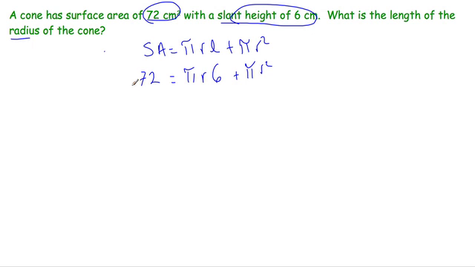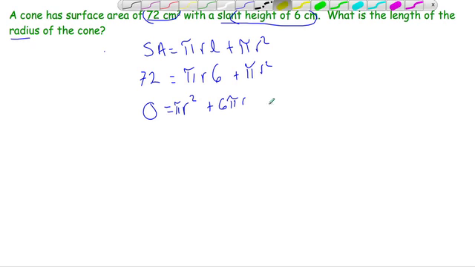All right. So we have another quadratic. Let's get everything the same side. So 0 equals pi r squared, plus 6 pi r minus 72 pi. I had to get that 72 pi to the other side.